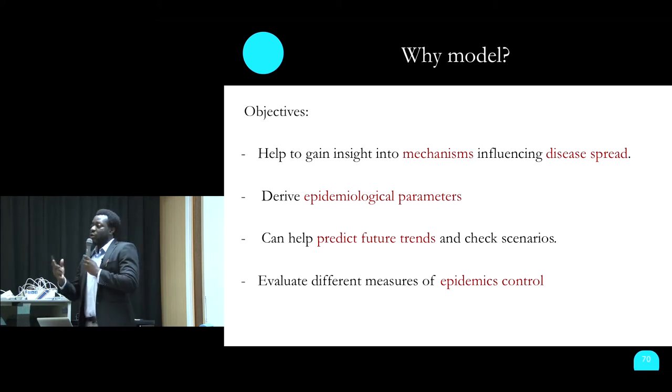And if I close the airports, what would be the results? Models are not perfect, but they give us an idea about the best scenario or the worst scenario to take. So predicting future trends, checking scenarios, and evaluating different interventions is a very, very important element.